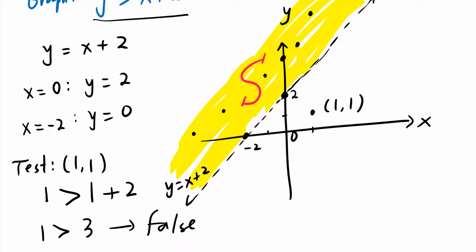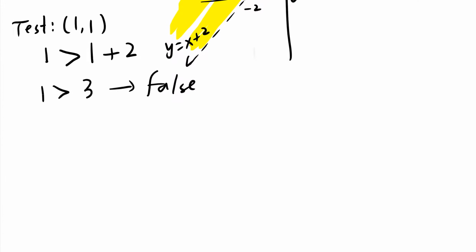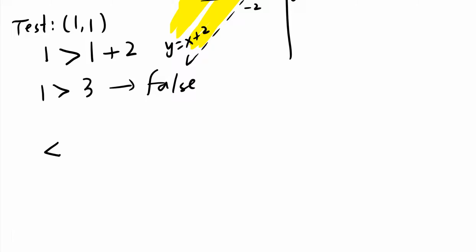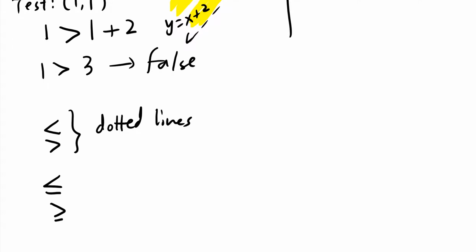So in general, if the inequality is only less than or only bigger than, we use dotted lines. If the inequality is less than or equal, or bigger than or equal, we use solid lines.